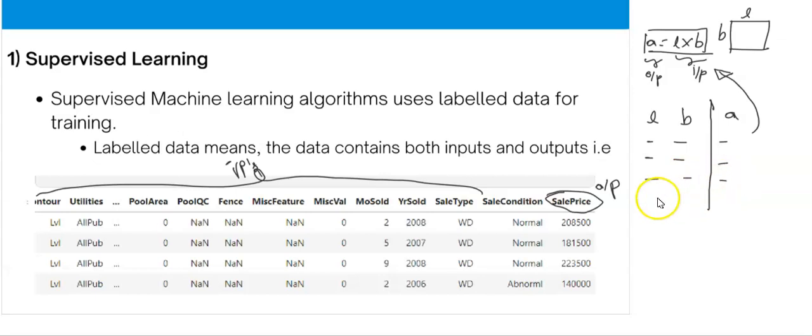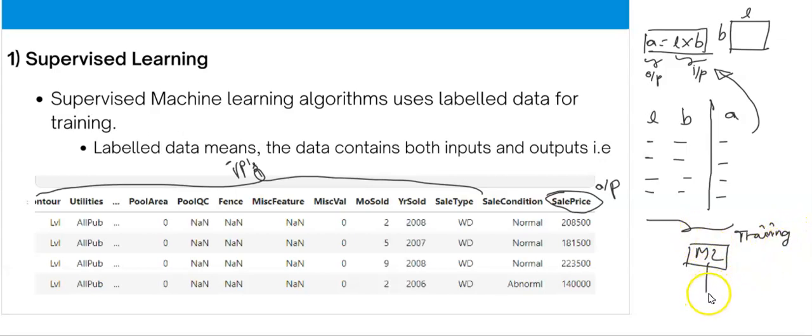Let's say these are the numbers which satisfy that equation. And then you have to feed this data to the ML algorithm. This is for training.